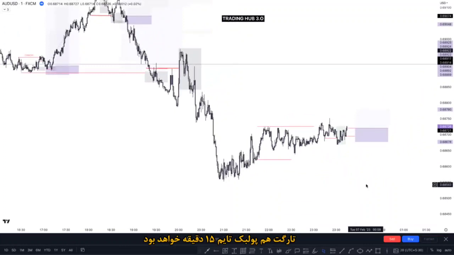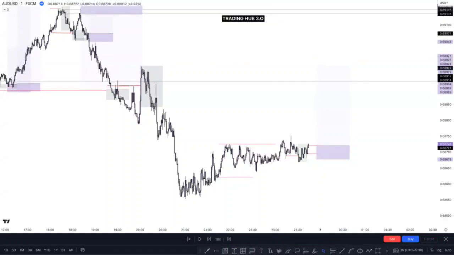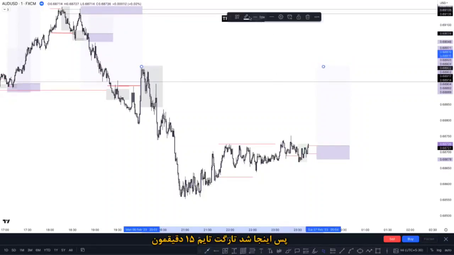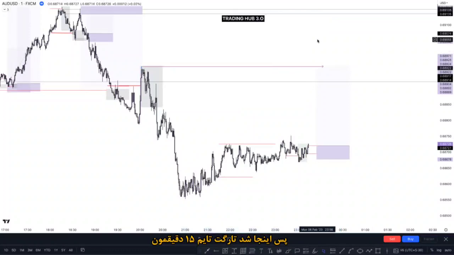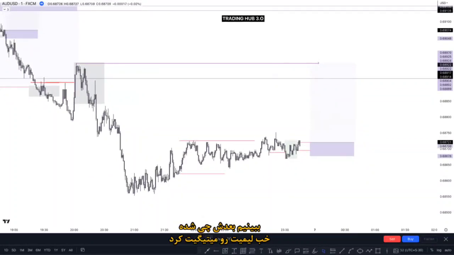And target, where is the target? The 15-minute pullback, this one. This becomes our 15-minute target here, right? And let's see what happened next after this one.